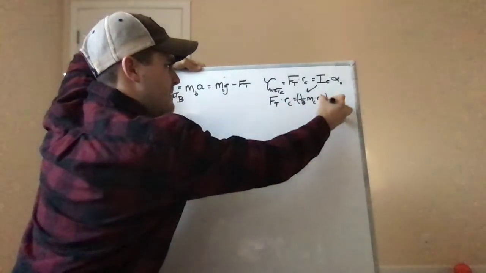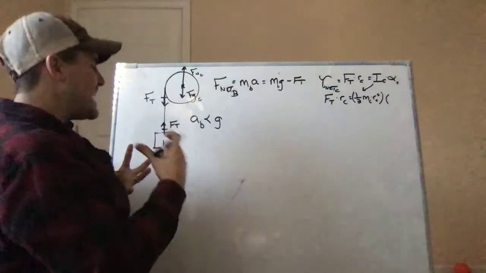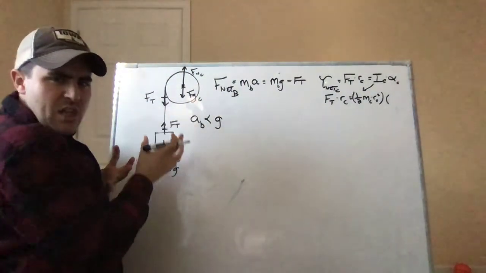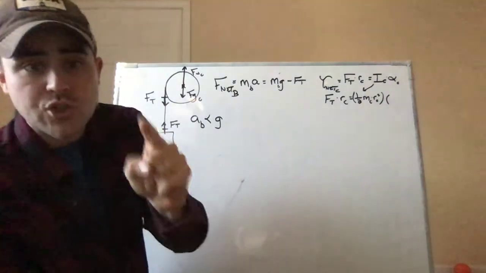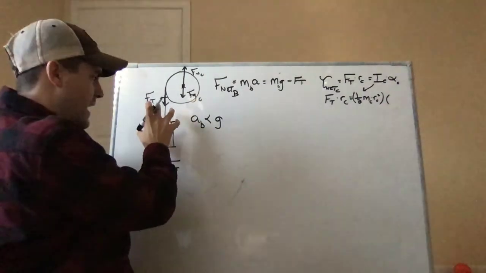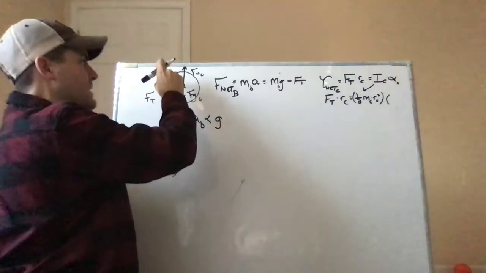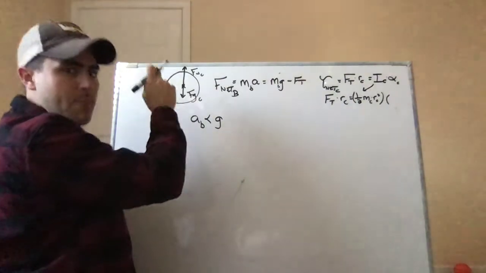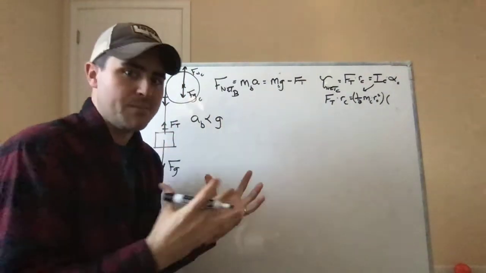Got that for I. I also found out this cool concept, this idea that as the bucket accelerates downward, because it's attached to the string and the string doesn't slip, it's going to pull on my cylinder, which means the cylinder doesn't move unless the bucket moves.